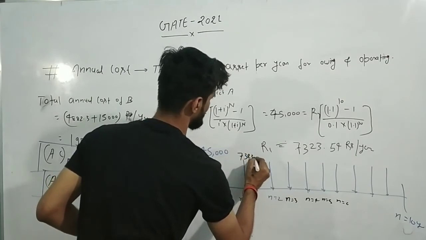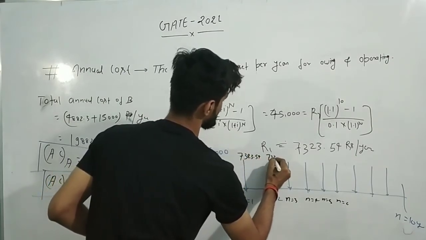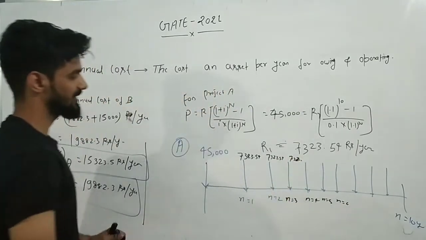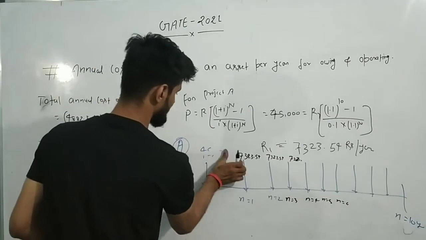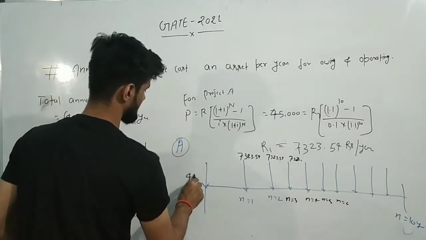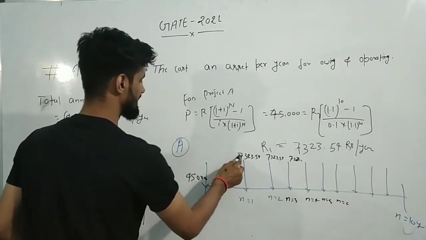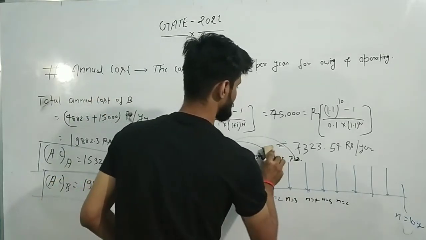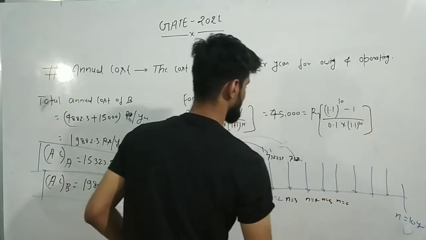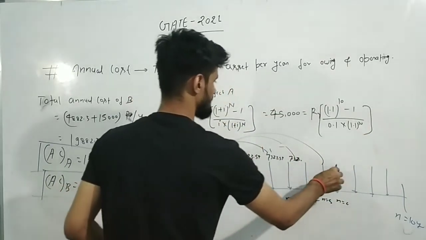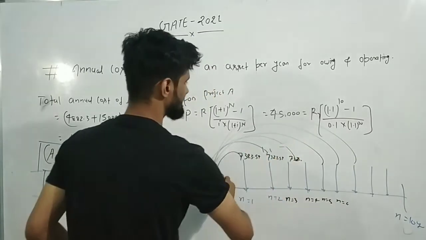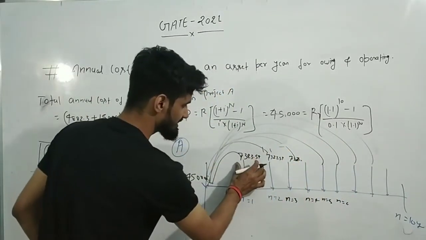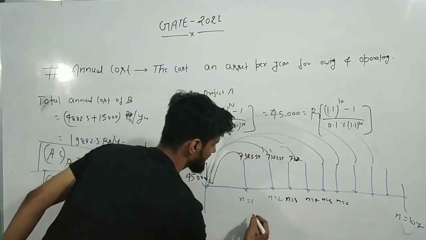You will be getting here how much amount? 7323.54, again 7323.54, 7323.54. So now what is happening here, if you will be converting, just rough it out, here I am writing 45,000. If you will be converting all these amounts into their present value, after calculation of present value, then how much will you get?